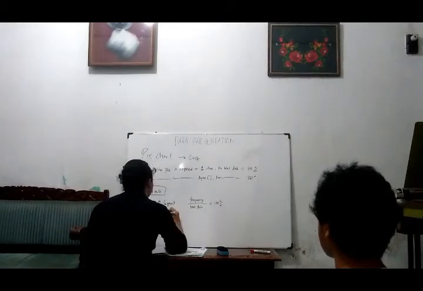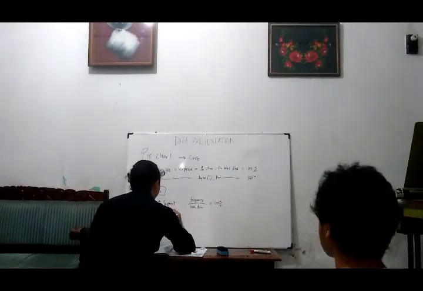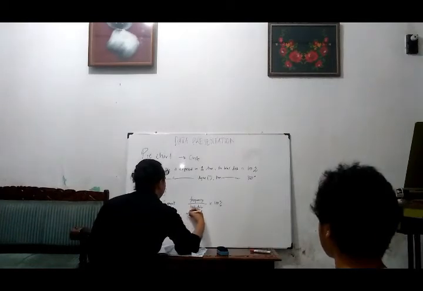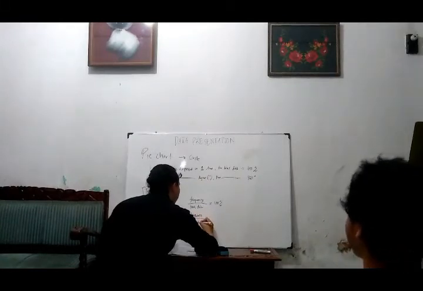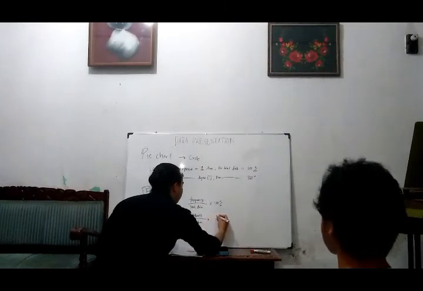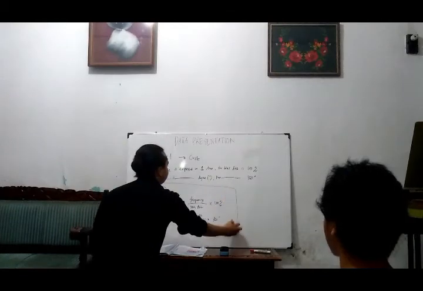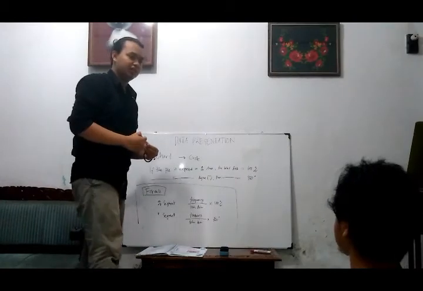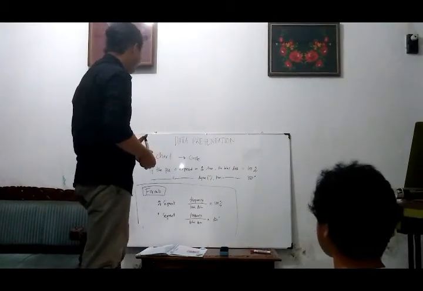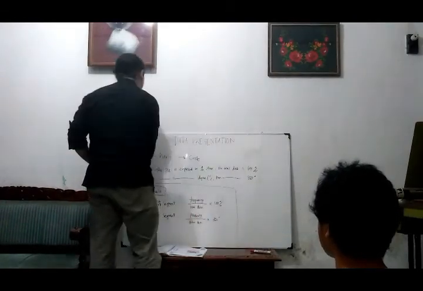Then for degrees, it is the frequency over the total data times 360 degrees. So this is the formula. Any question? No. Okay, let's try to make pie charts.